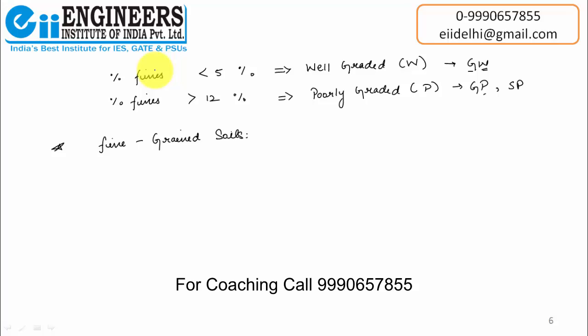A soil is termed as fine grained if more than 50% of the soil passes through 75 micron sieve.